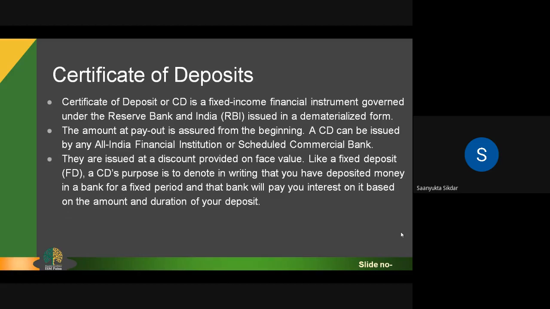They can be traded in the money market. Whereas FDs are a non-securities form of investment. The ownership cannot be transferred. Whereas the CDs are securities and their ownership can be transferred. And it is traded in the money market as well.